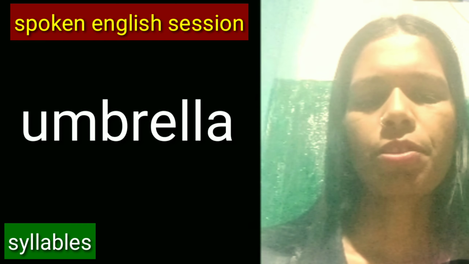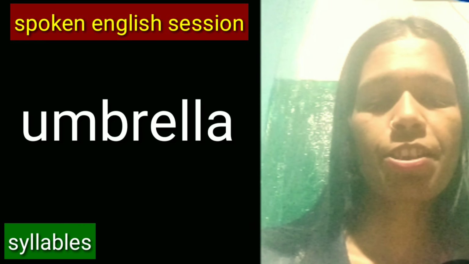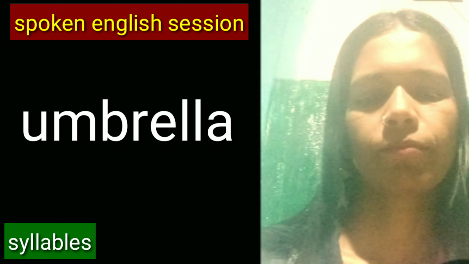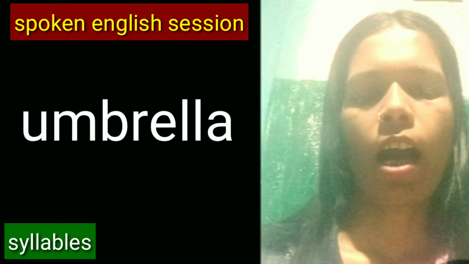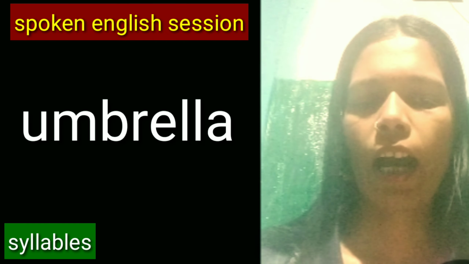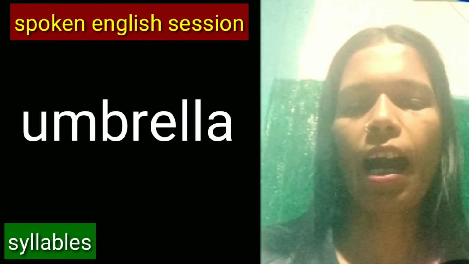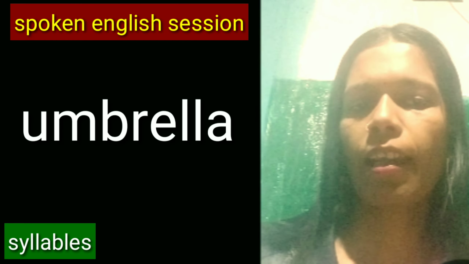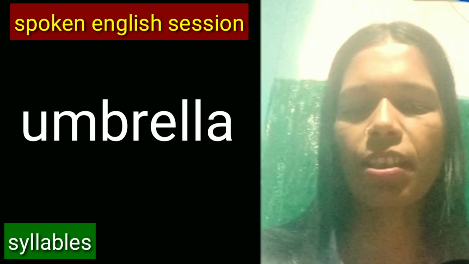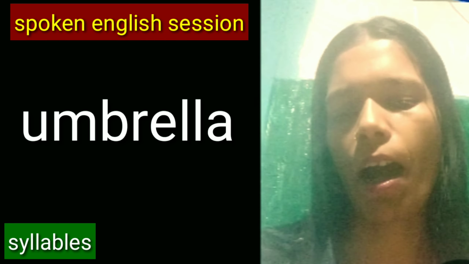Here you see three syllables are there. U, A, we are telling. Then B, R, E, A. A is there, not E you count. This was the sound of the vowel.